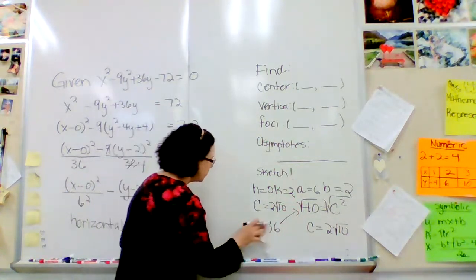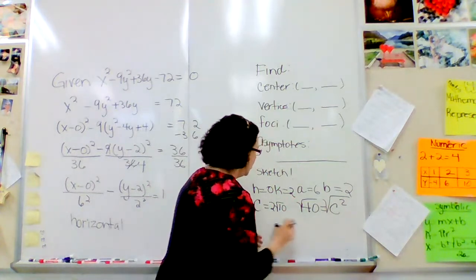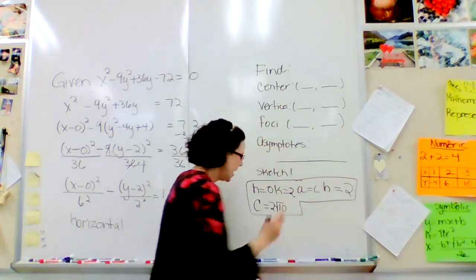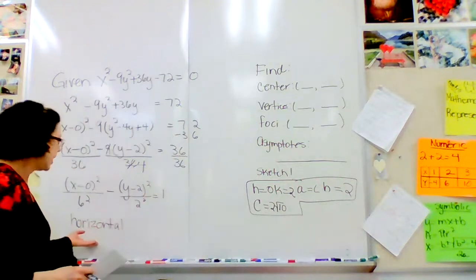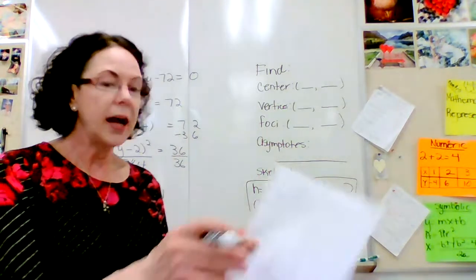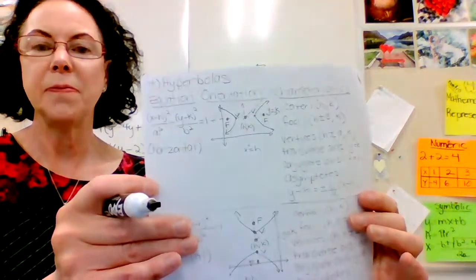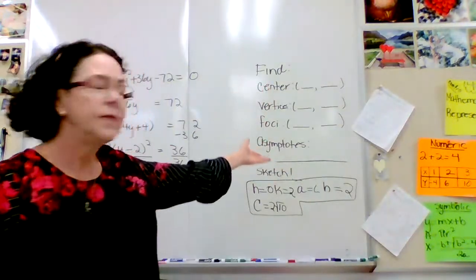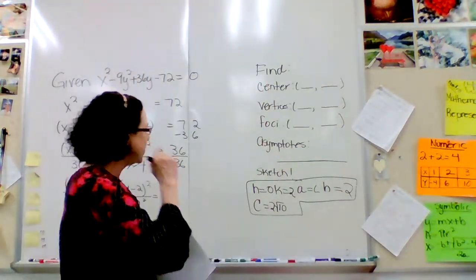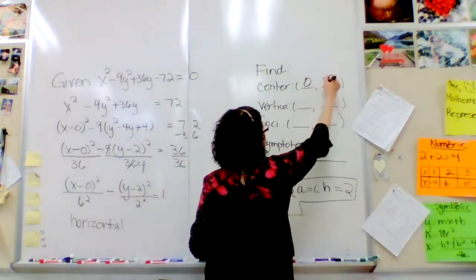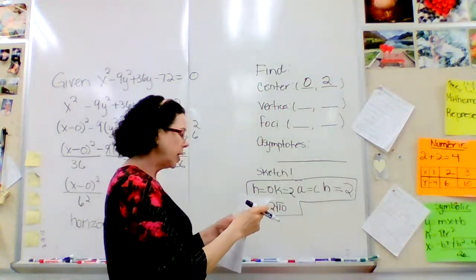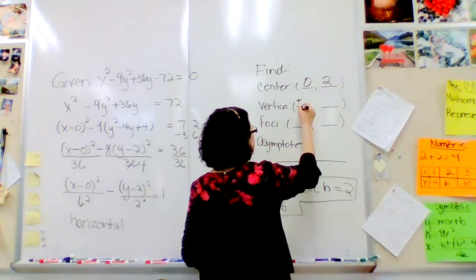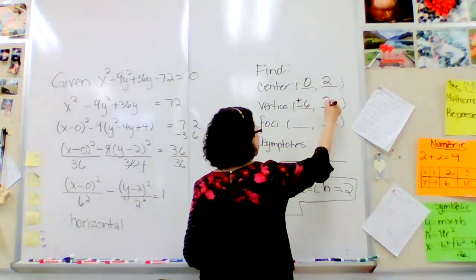I'm going to erase my work finding c. These are the variables I am using. I do see, again, the hyperbola is horizontal. So I am looking at the horizontal hyperbola at the top of my paper and using those values to fill in the information. The center is (h, k), which is (0, 2). The vertices are h plus or minus a, so 0 plus or minus 6, and my k.